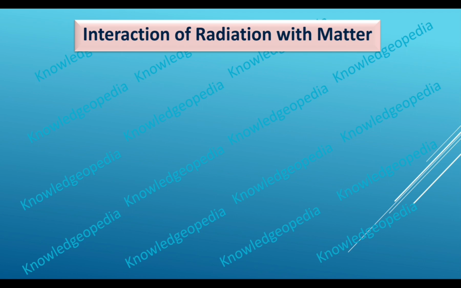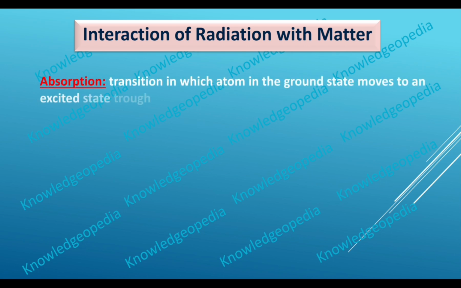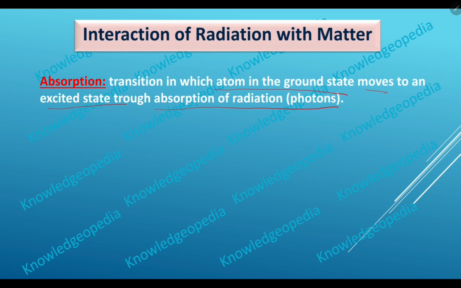What are the three different processes? Okay, the first one is absorption. In this case we have seen that the transition occurs from ground state to excited state. That is, this is a type of transition in which an atom in the ground state moves to the excited state, and this transition occurs through absorption of radiation, that is photon.